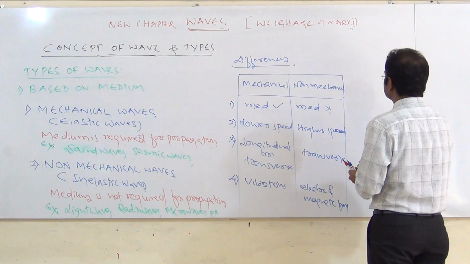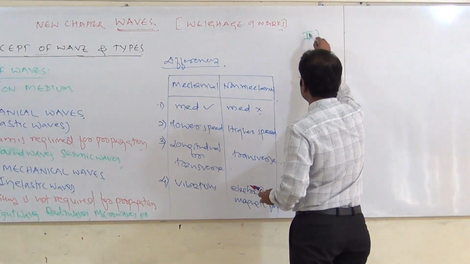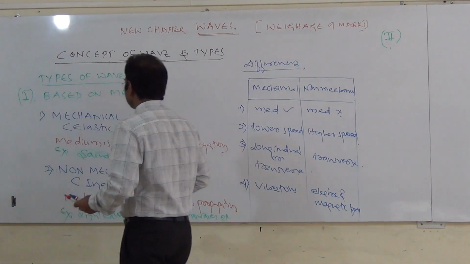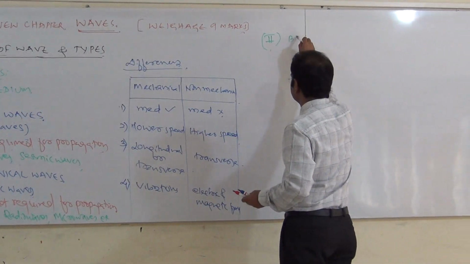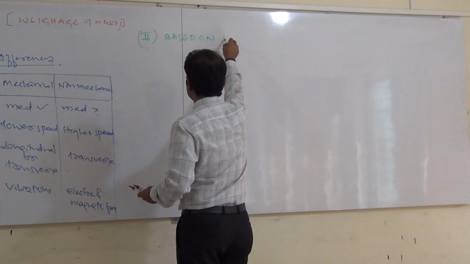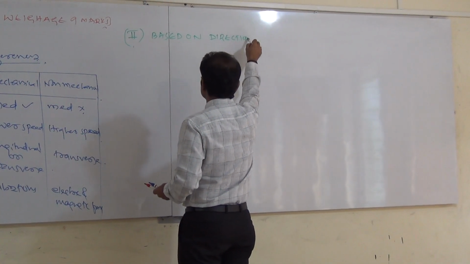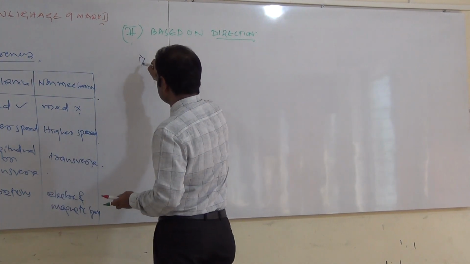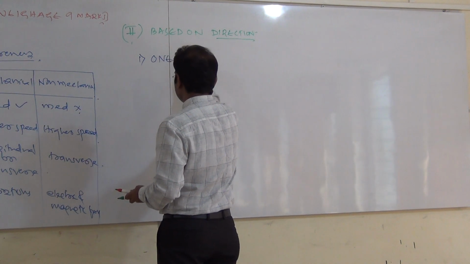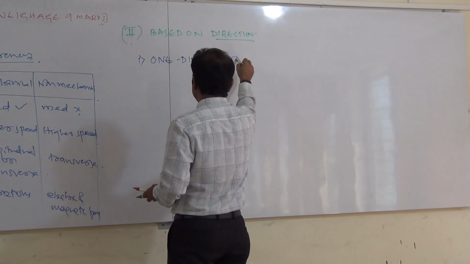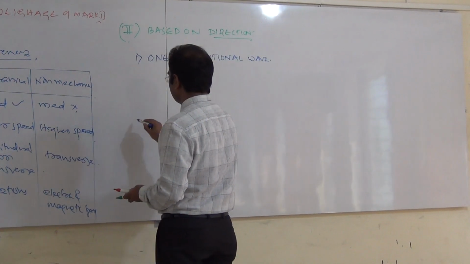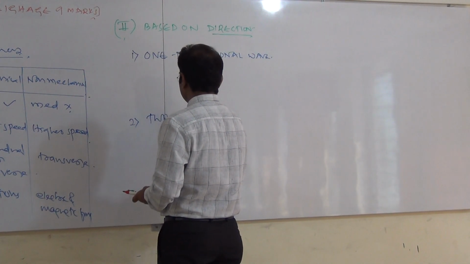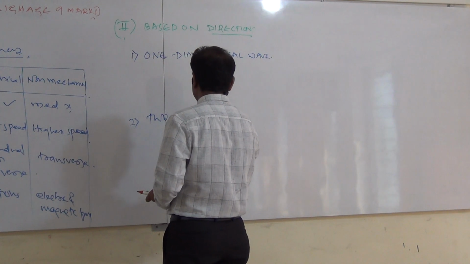The second one is, that is Roman 2. I put Roman 1 and Roman 2 to understand better. Roman 2: based on direction. Based on the direction, there are three types. First one is one dimensional wave. The second one is two dimensional wave.